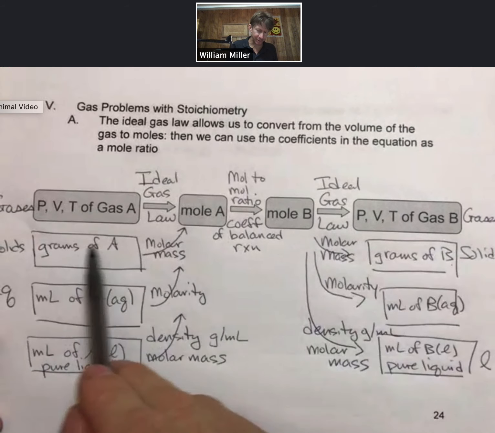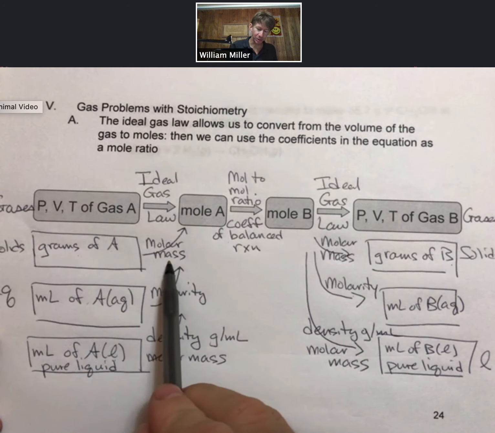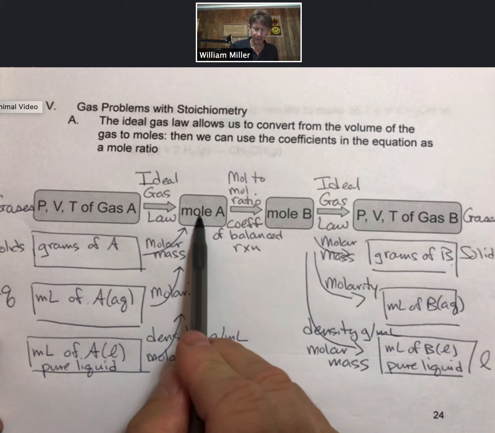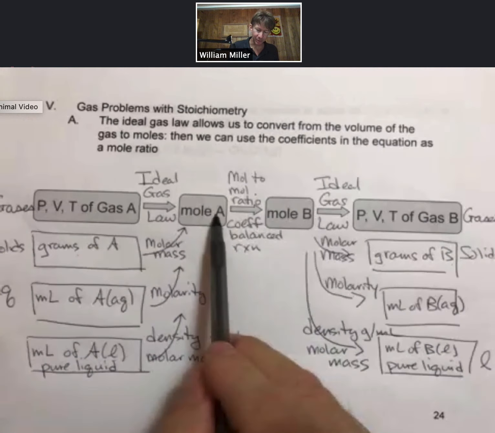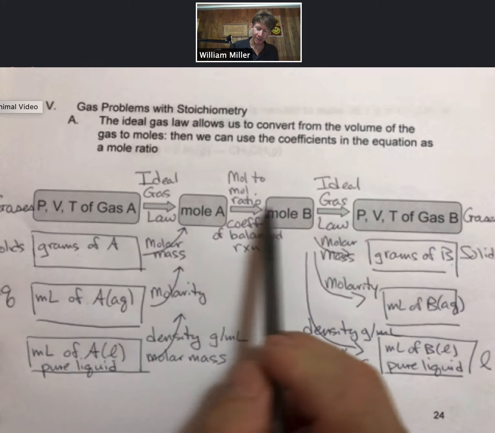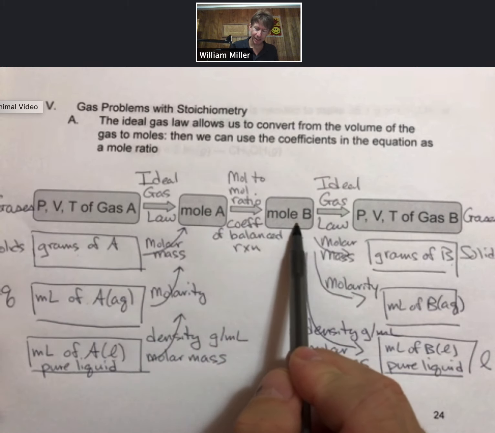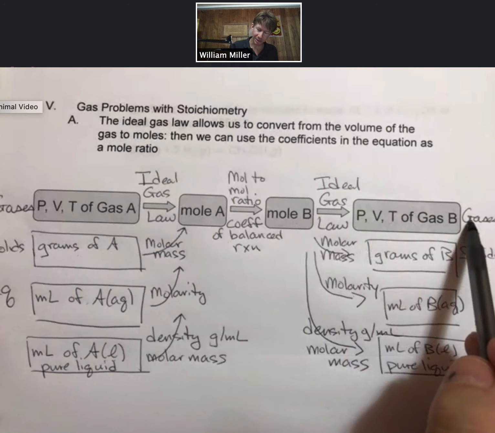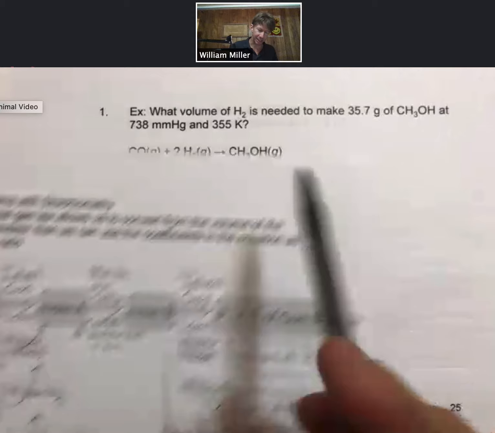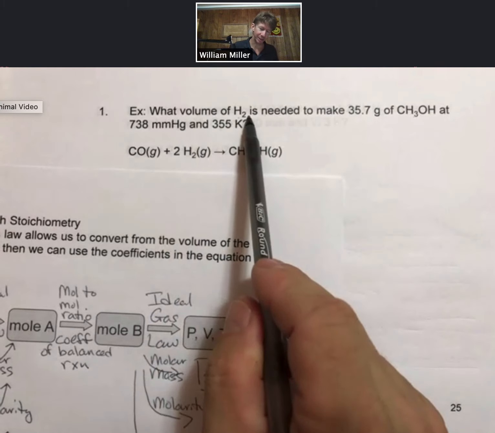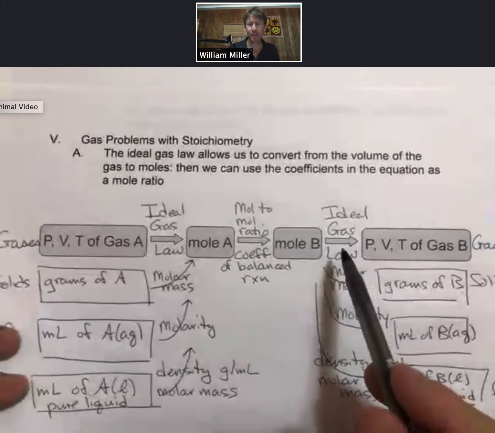We'll use the molar mass to get to moles of A. Then we'll use the coefficients in the balanced reaction to get from moles of A, which is methanol, to moles of B, which is hydrogen. And then we'll use the ideal gas law to get to pressure, volume, and temperature. And in fact, what we're looking for this time is volume of hydrogen. So that's a roadmap for this problem.